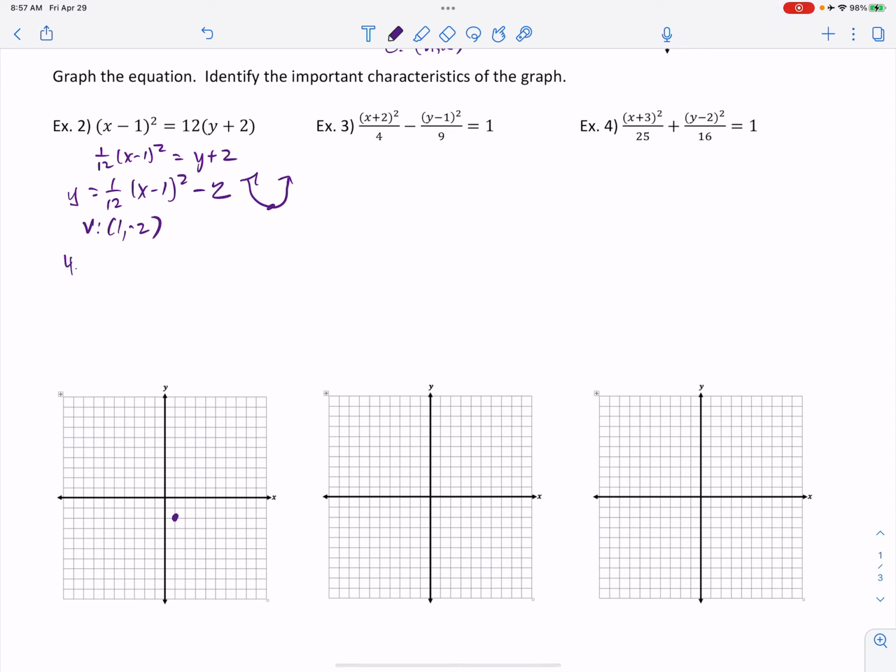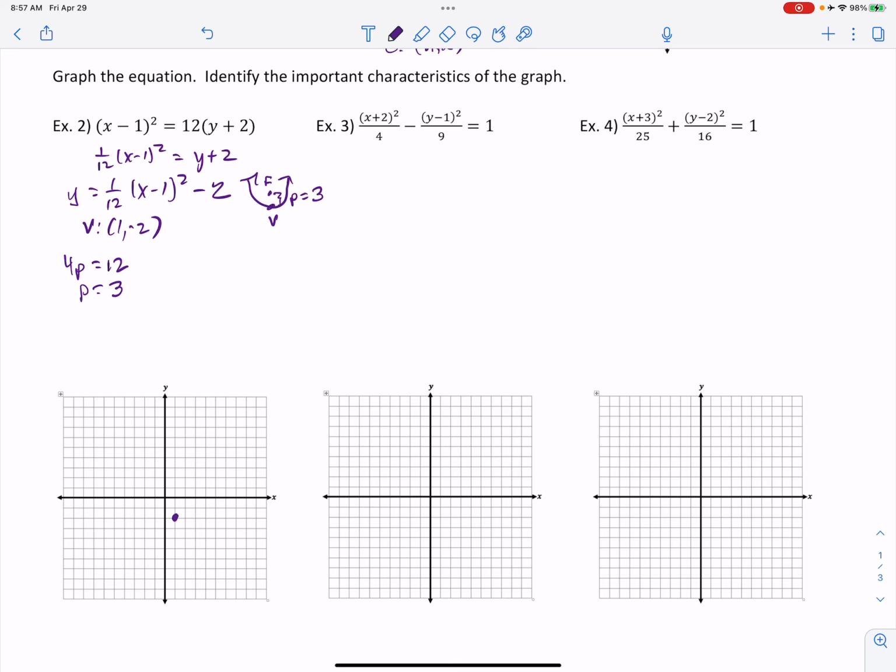And the value of 4p is 12 because this is 1 over 4p. So 4p is 12, p is 3. The distance from the focus to the vertex, that distance is p units.